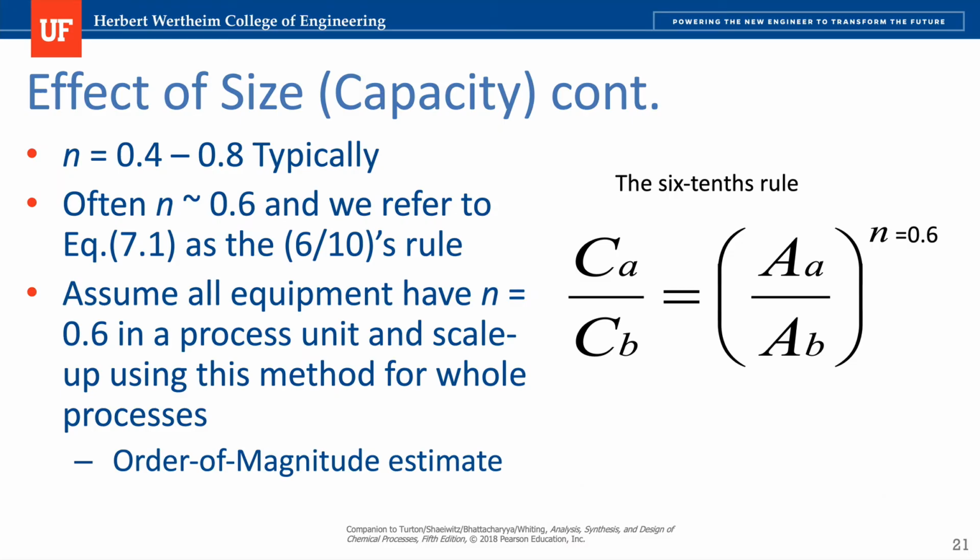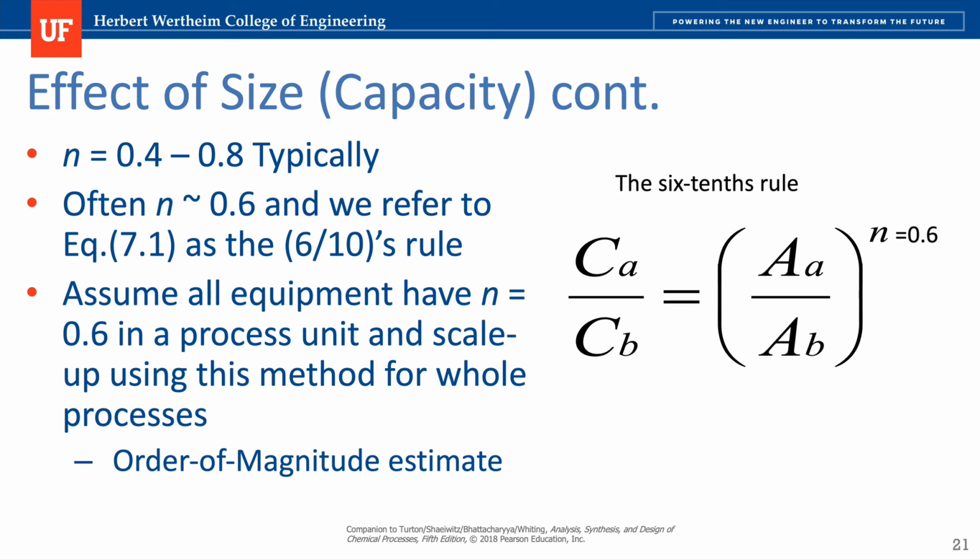So in summary, the typical values for n lie between 0.4 and 0.8. If we don't have the capacity exponent, or don't have data to be able to calculate that, then what we can often assume is to use 0.6 as the exponent, and this is referred to as the 6/10 rule.